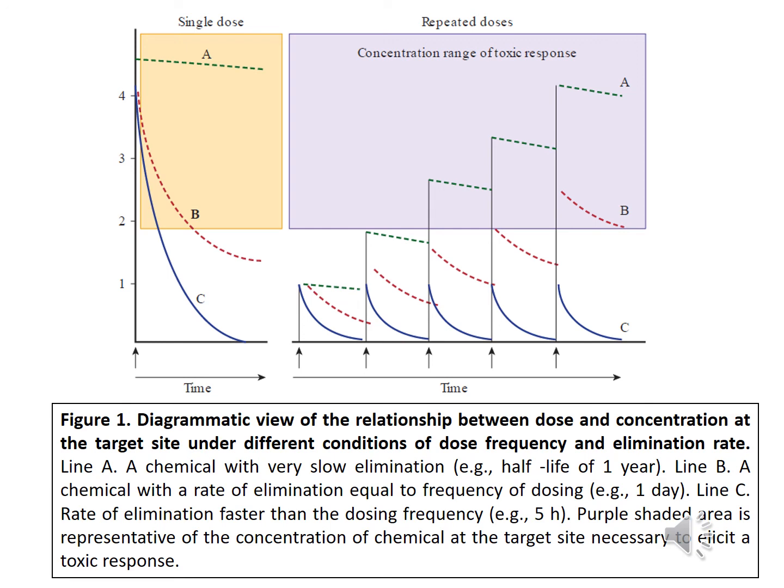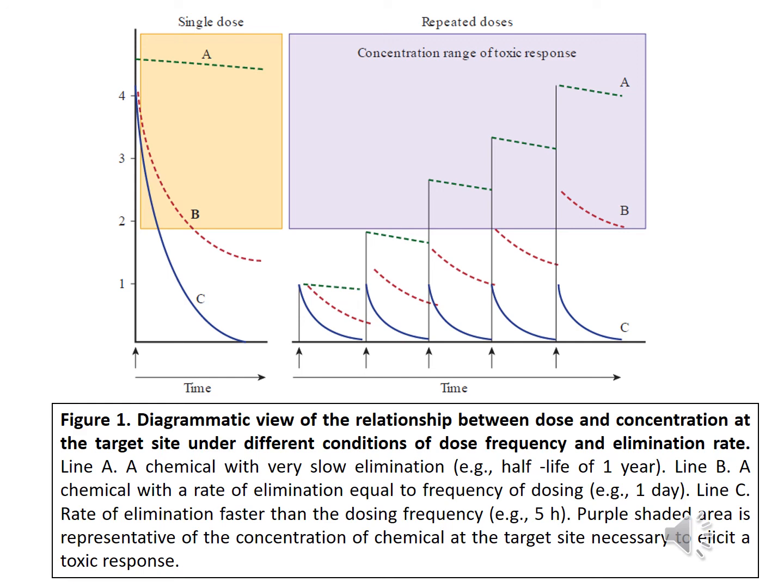For chemical B, in which the half-life for elimination is approximately equal to the dosing frequency, the toxic concentration is not reached until the 4th dose, while for chemical A, which has an elimination rate much slower than the dosing interval, the toxic concentration is reached after only 2 doses.